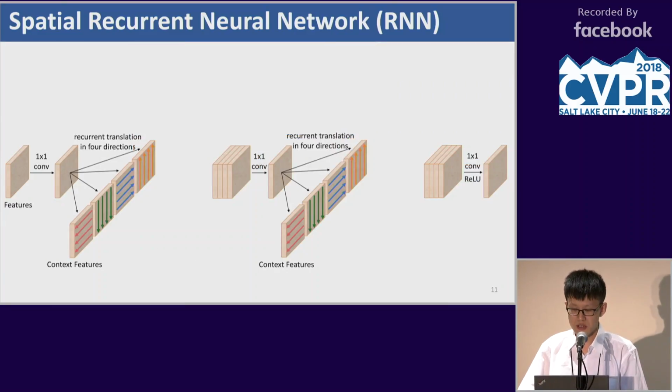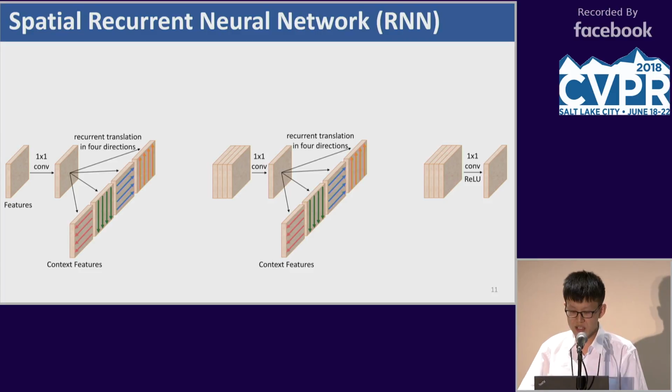In detail, taking a 2D feature map from a convolutional neural network as the input, we first perform a 1-by-1 convolution, followed by recurrent translation in 4 directions. We fuse the result into an intermediate feature map. Then, the whole process is repeated to generate the overall spatial context feature.